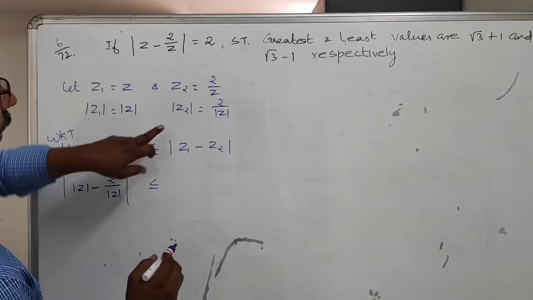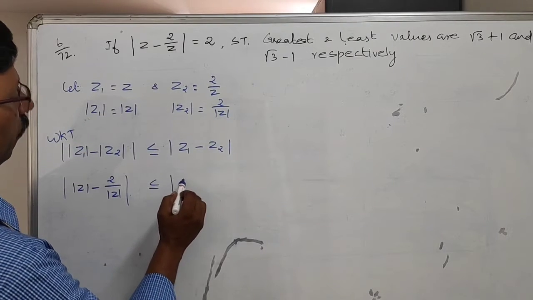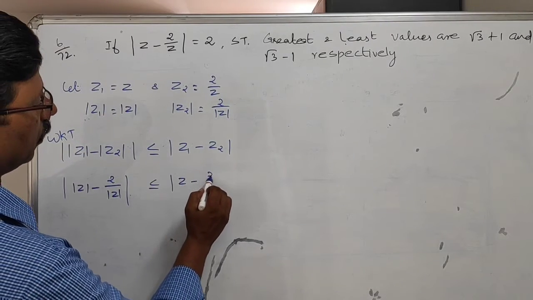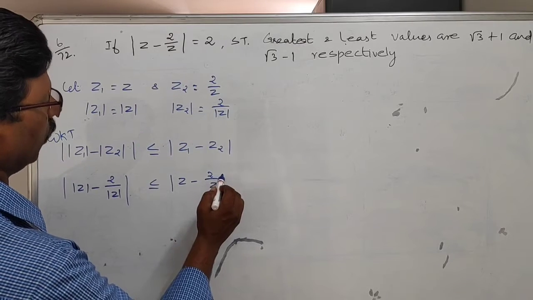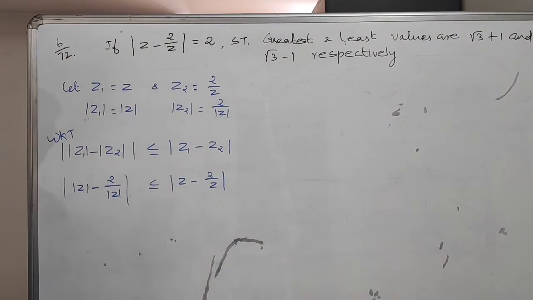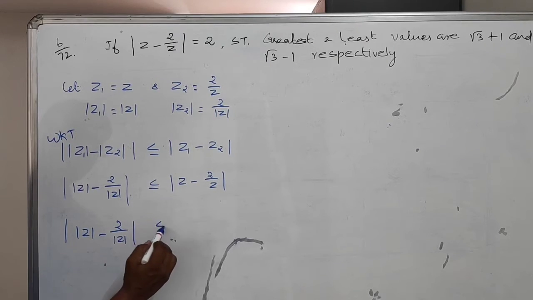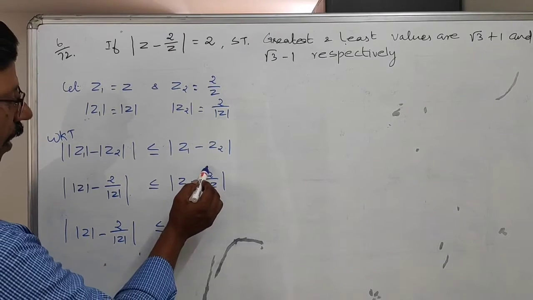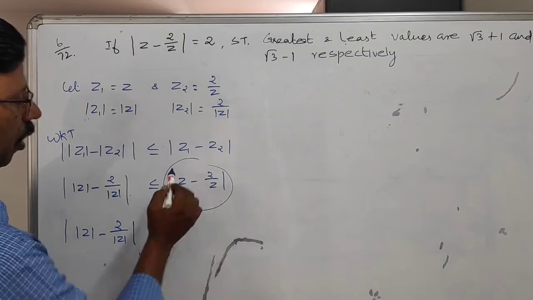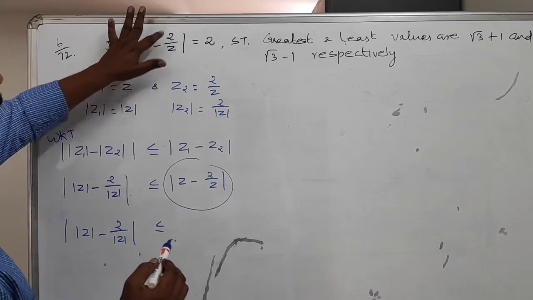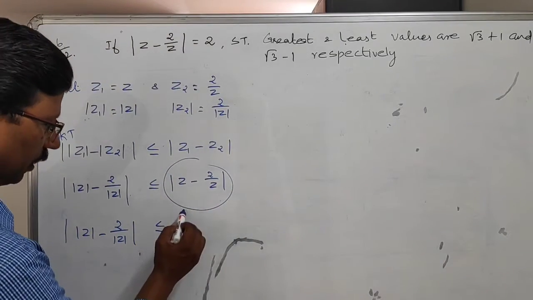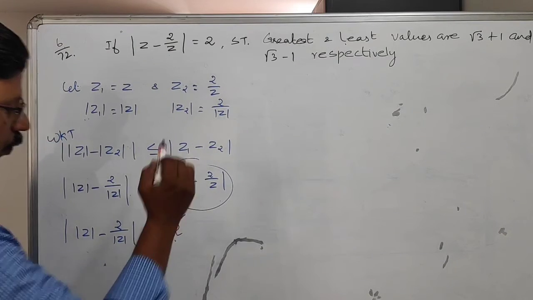What is modulus of Z1 minus Z2? Modulus of Z minus 2 by Z, you can see. Now we can write modulus of modulus Z minus 2 by modulus Z is less than or equal to its given value. Modulus of Z minus 2 by Z is equal to 2, therefore this can be written as 2.